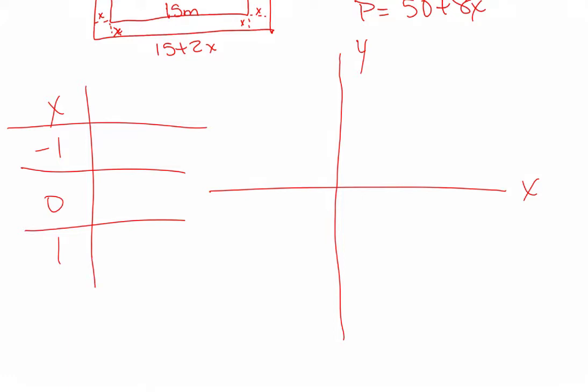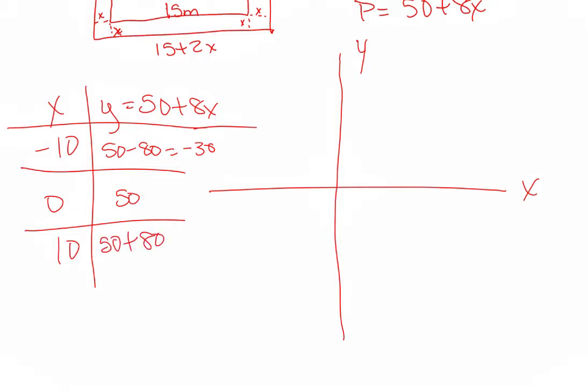I have y equals 50 plus 8x. So let's use -10, 0, and 10. If I use -10, then I get 50 minus 80, so that's -30. If I use 0, I get 50. If I use 10, I get 50 plus 80, which is 130.